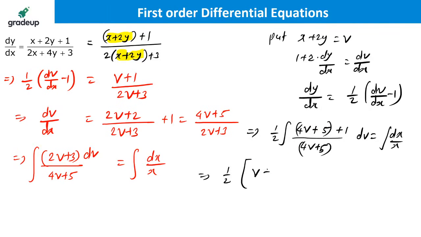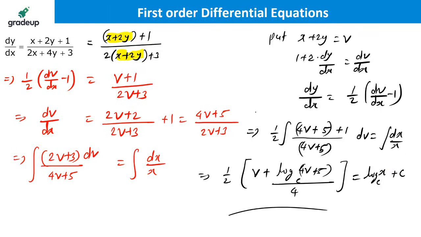Integration of 1 will be v. Integration of 1 upon 4v plus 5 will be log of 4v plus 5 divided by 4, equal to log x. Then you will have plus c. So finally you can substitute the value of v, that is x plus 2y, to get the final answer.